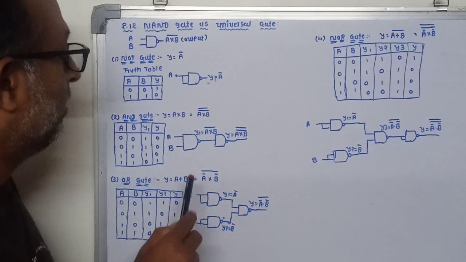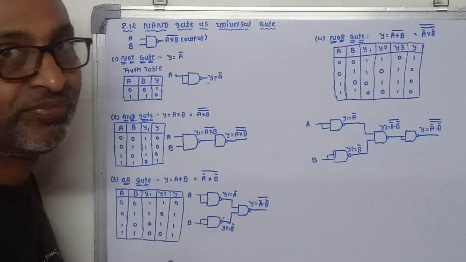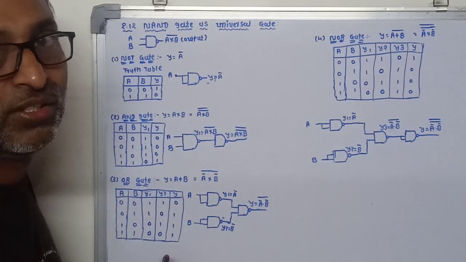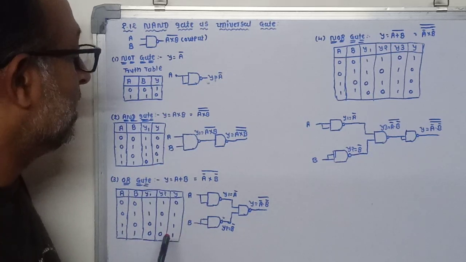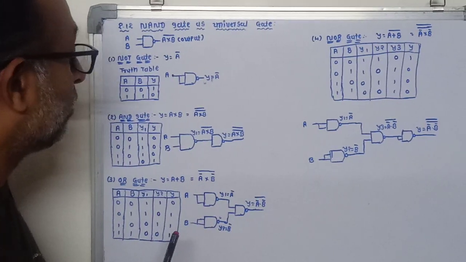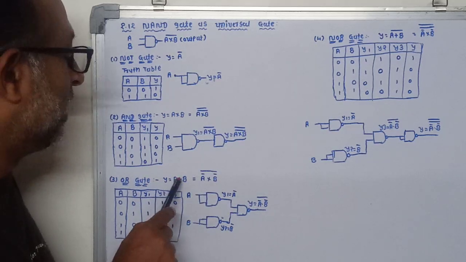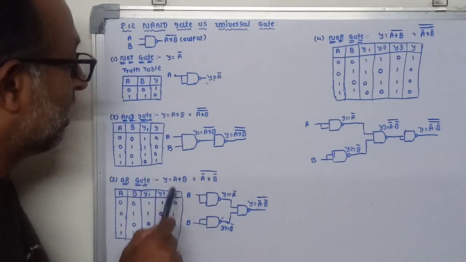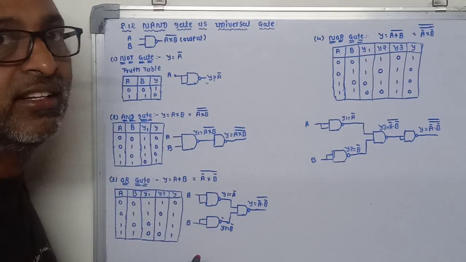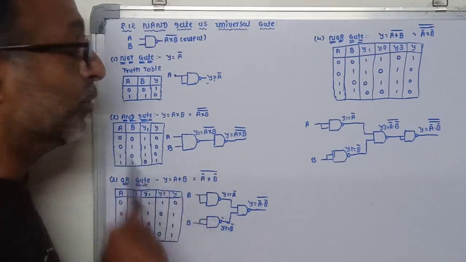So here already when we are giving two inputs, we will get A into B bar. So A into B bar. So first it is the most important thing, how to convert. If we convert the plus sign by the multiplication sign, one bar is added on this input.